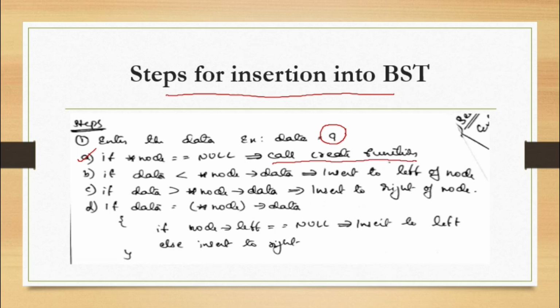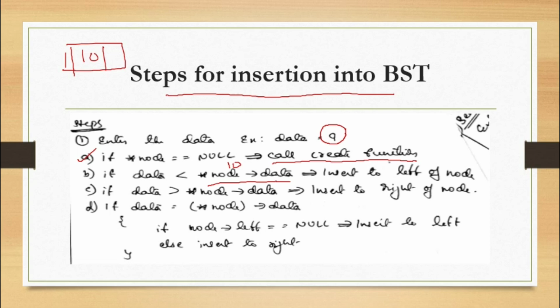And say the data, that is 9, is less than the current data in the node, star node of data. Say you have 10 in the node. If 9 is less than 10, then star node of data is 10, which is under consideration.